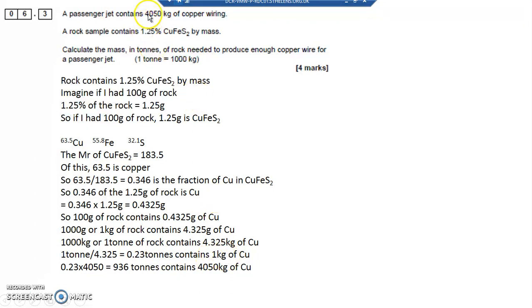I need 4,050 kilograms, so 0.23 tons multiplied by 4,050 gives 936 tons of rock to contain 4,050 kilograms of copper.